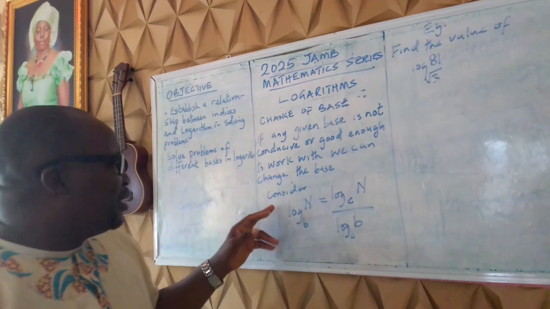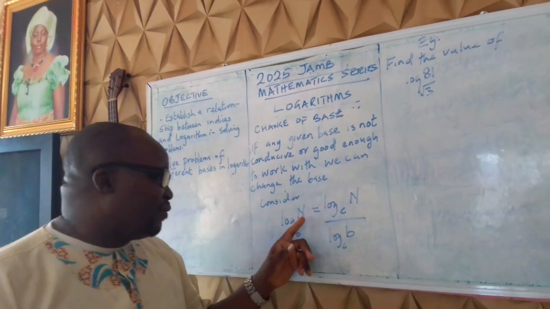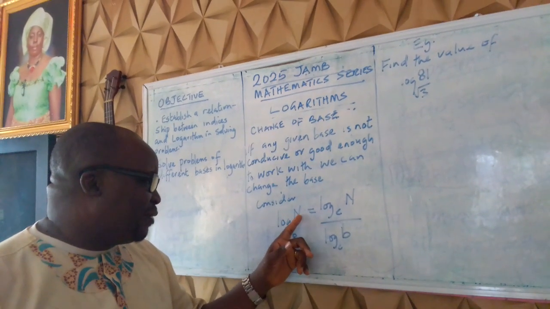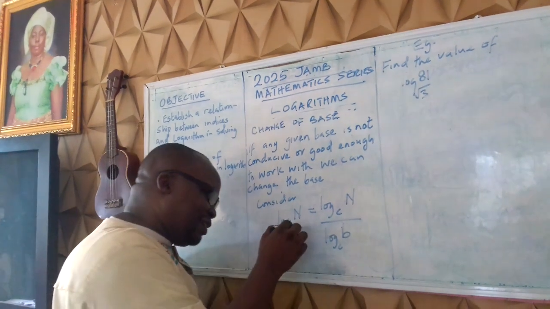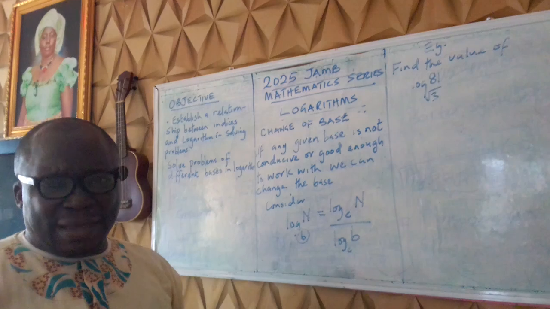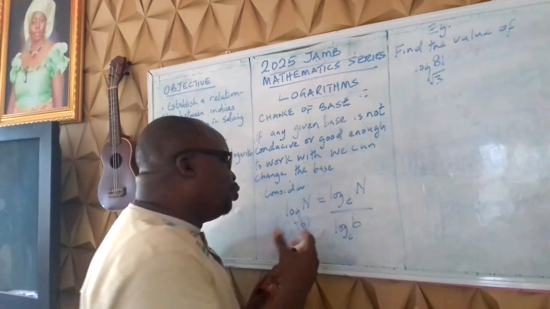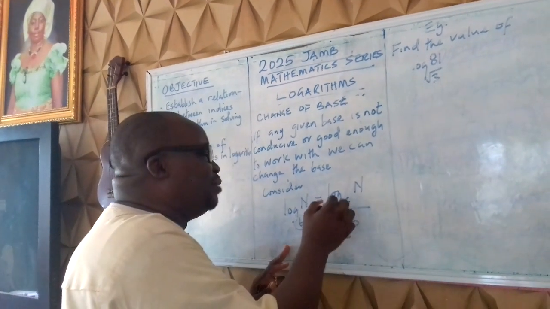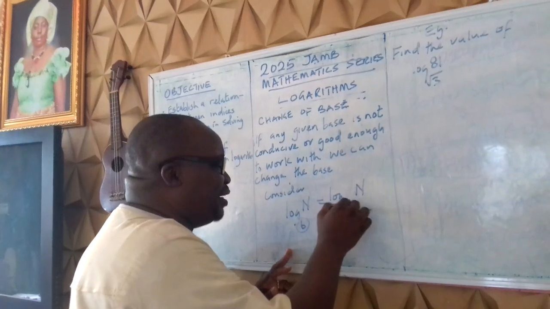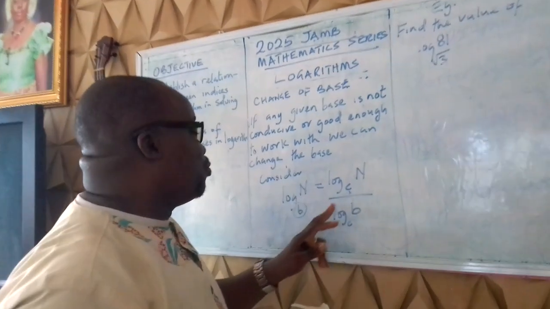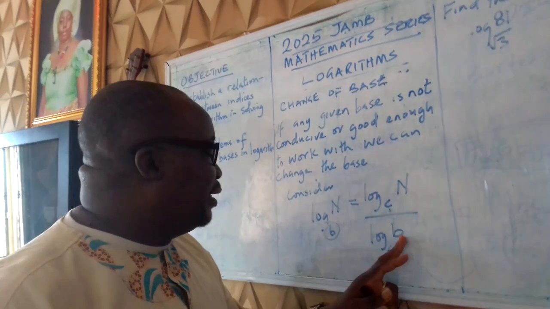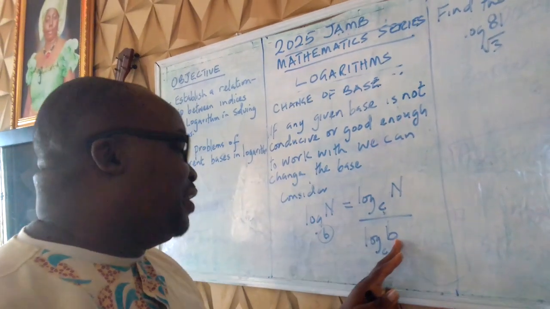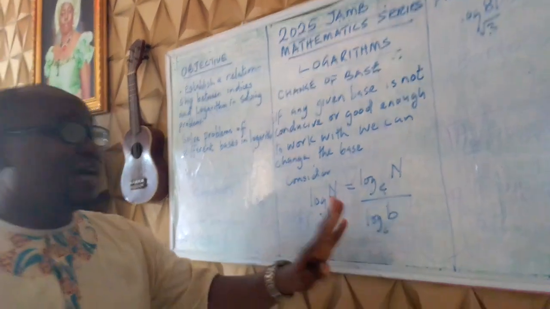Let's consider this expression, the log of n to base b. I don't like this base. Maybe I think I cannot solve it with that base. So what do I do? I introduce a new base c: the logarithm of n to base c divided by the logarithm of the initial base b to that same new base c. So that's how we are checking.